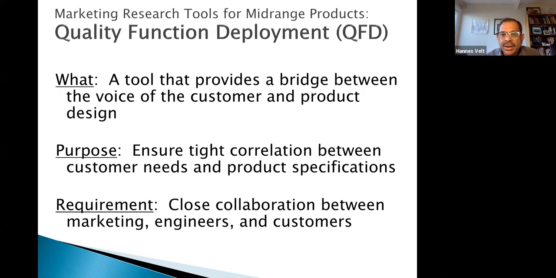And the overall issue is, how do you provide a bridge between the voice of the customer, which is a marketing responsibility, and then product design, which is more of an engineering responsibility. Take the example of the sound of the door closing for the Toyota Corolla. We know that customers didn't like the sound of the door closing.